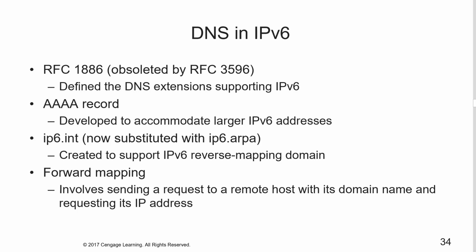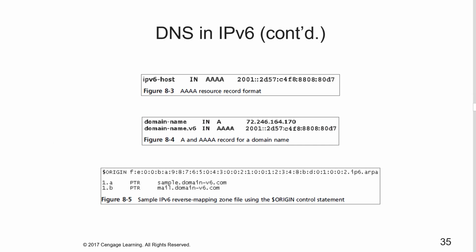The Quad A, or AAAA, record was developed to accommodate larger IPv6 addresses, and IP6.int was created. Now it's IP6.ARPA, to support IPv6 reverse mappings. Forward mapping involves sending a request to a remote host with its domain name and requesting its IP addresses.